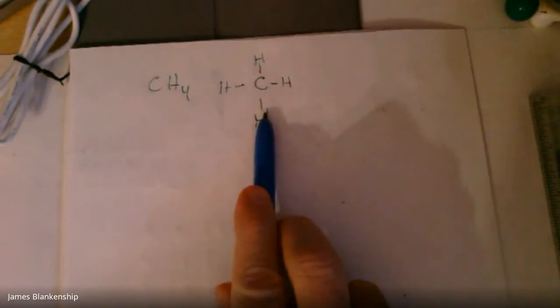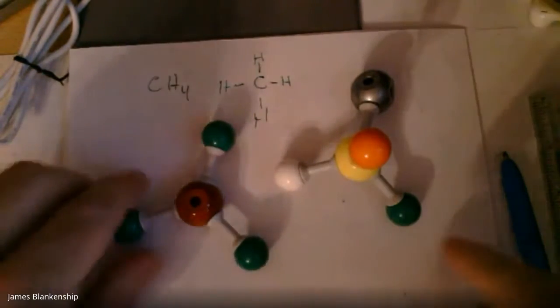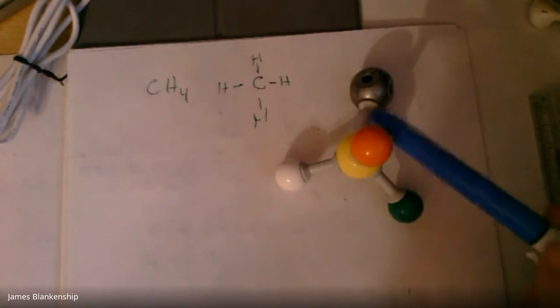That's how we draw it on paper. But I gave it different colors here so that you can see it. If you notice, it spaces out. It's no longer just in a plane. To get the maximum distance away from each other, it goes into 3 dimensions.